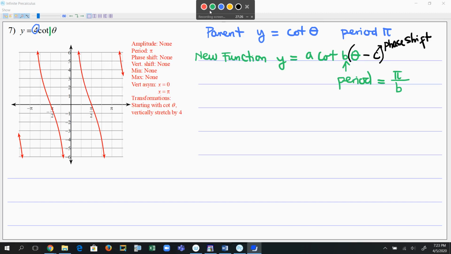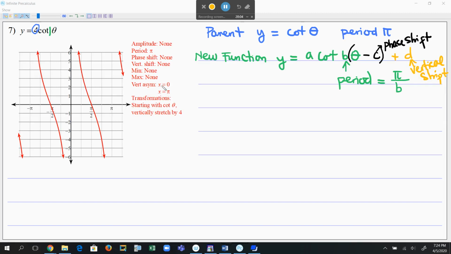And next, for the vertical shift, the whole function will add or subtract a number at the end. So this will be vertical shift. So in this case, that's why we say that this function has no phase shift and no vertical shift. And also the cotangent, since it has no amplitude, it will not have an absolute minimum or an absolute maximum.